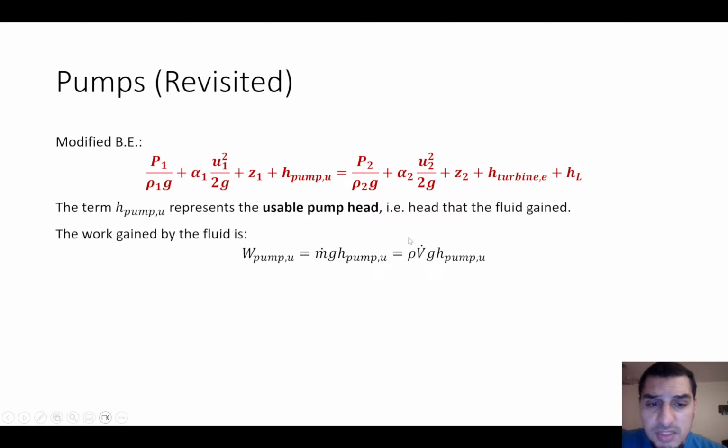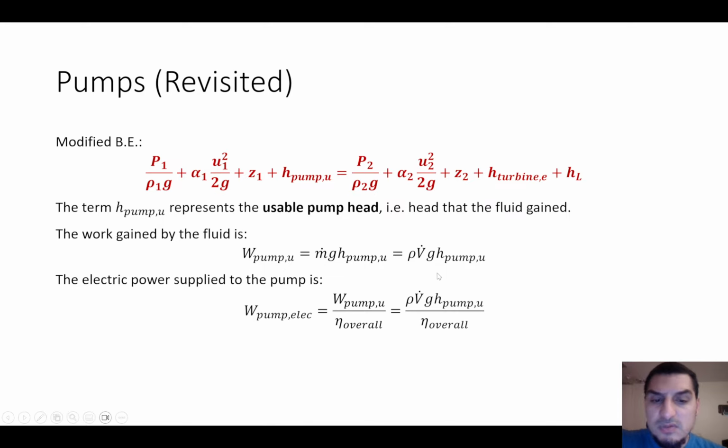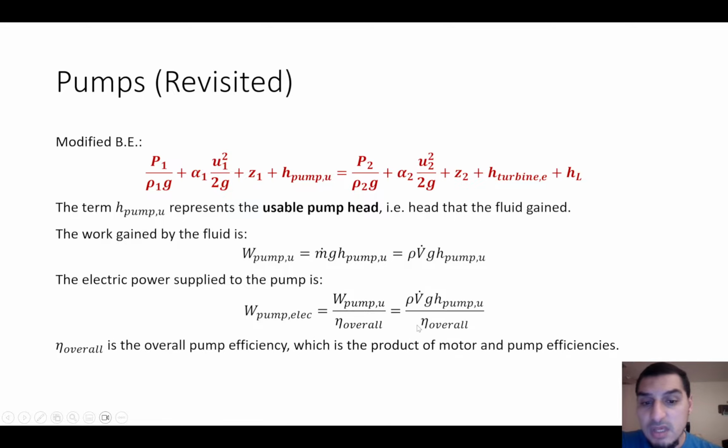And this mass flow rate is the rho multiplied by the volumetric flow rate. And the electric power can be calculated using the efficiency, so we can use the same power of the pump and divide it by the overall efficiency to get the actual electric power of the pump.